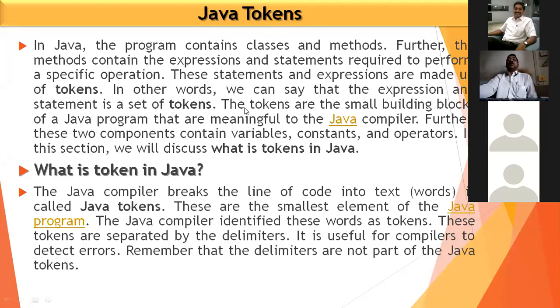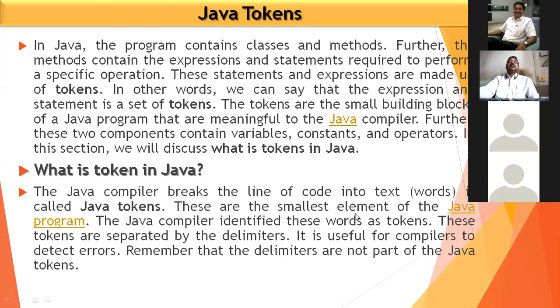These tokens are small building blocks of a Java program that are meaningful to the Java compiler. Further, these two components contain the variables, constants, and operators. So in this section, we shall discuss what a token in Java is. The Java compiler breaks the line of code into text, that is the words, which are called the Java tokens.